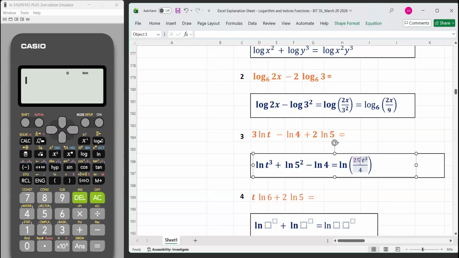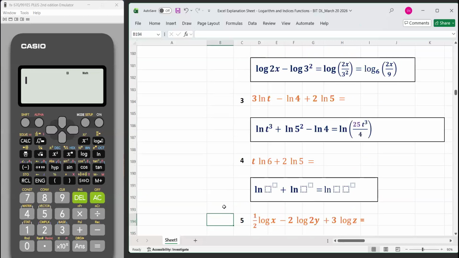Yes, it is correct, but in algebra, we write the number before the variable. Yes, multiplication is commutative, so 25t cubed is the same as t cubed times 25. But in algebra, we normally write the number first before the variable if it's multiplying. Okay, thank you. Welcome.